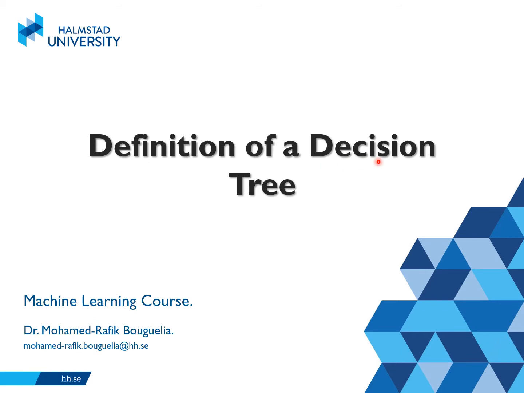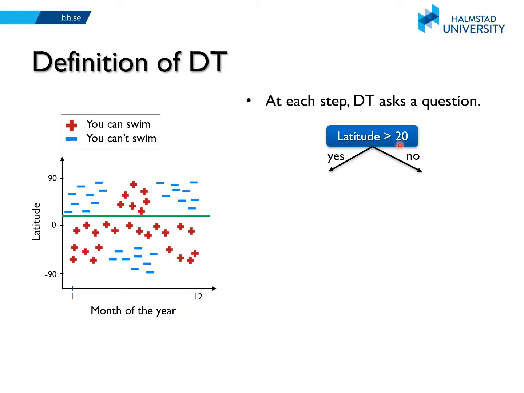So let's now define what a decision tree is. A decision tree contains nodes. And at each node we ask a question based on a feature, for example here, latitude, and a threshold value, for example here, 20.